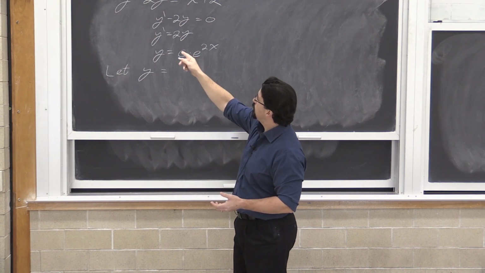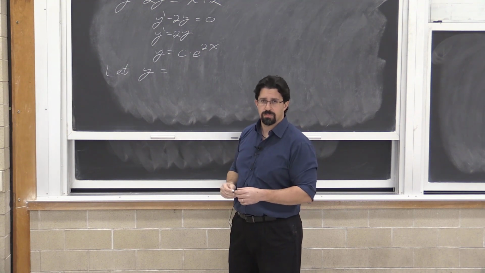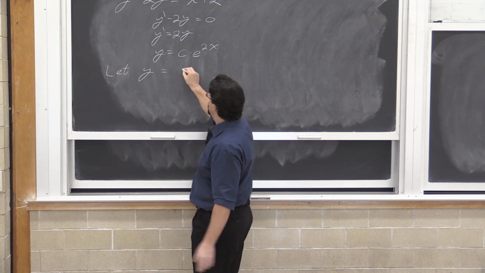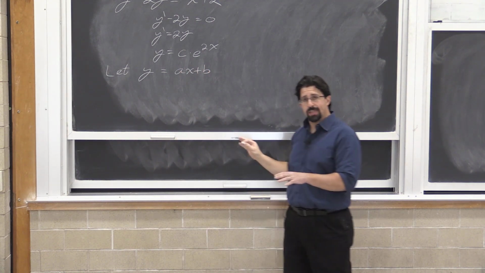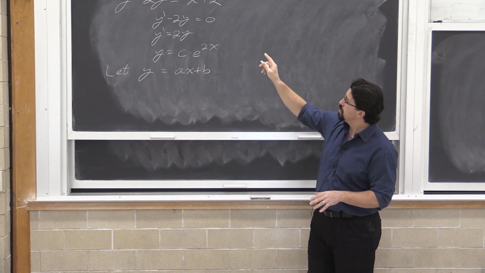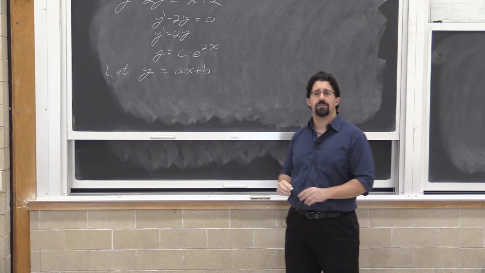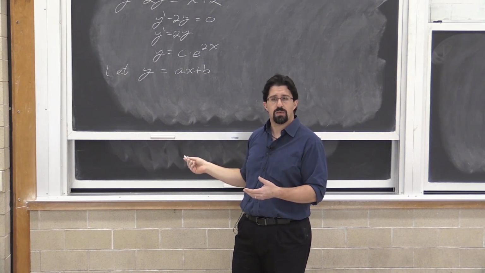I'm going to have the derivative of a constant is 0 minus a constant, that's just a constant. So I want y to at least have an x somewhere in it. Let's take y is equal to ax plus b. If I choose that, then the derivative minus the function is going to give me a linear function. And if it gives me a linear function, that's fantastic. That's exactly what I want.